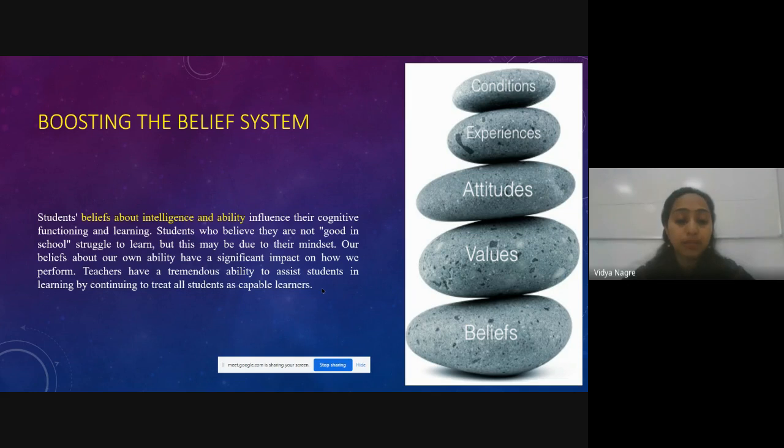To give a correct direction to that child. So, first thing is the belief system in a person. The belief system is something that has to be worked on. Why? Because belief system, or let's say self-esteem, are concerning parts, especially among adolescents, because they undergo a lot of mental complications.